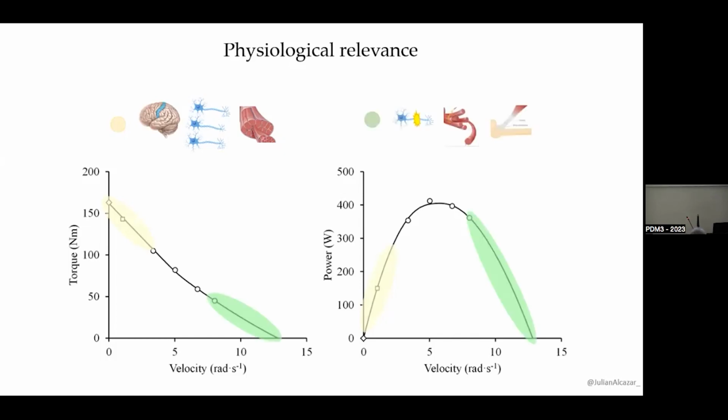While if we look at the other part of the torque-velocity relationship, the mechanisms leading to a decline might be more related to how fast the motor units convey action potentials, how these are transmitted to the single muscle fibers, how fast the single muscle fibers are, and also how the single muscle fibers transmit to bones through tendons, right?